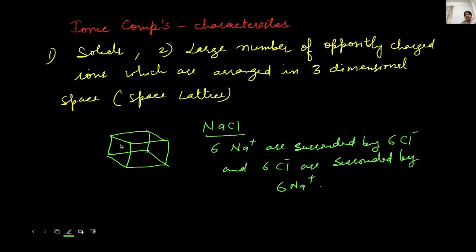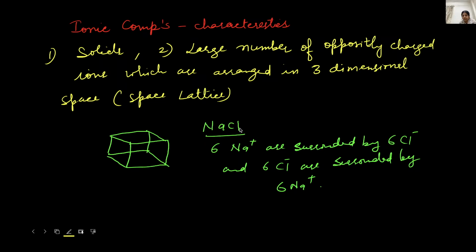So ionic compounds exist in the form of crystal lattices, crystals which you have seen. These are three-dimensional crystal lattices in which the ions occupy particular positions.